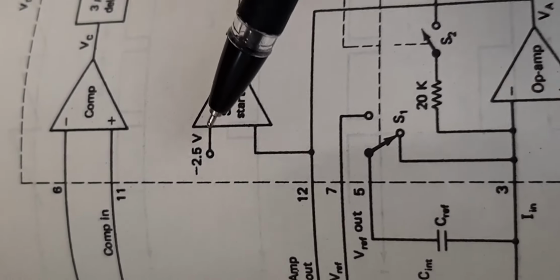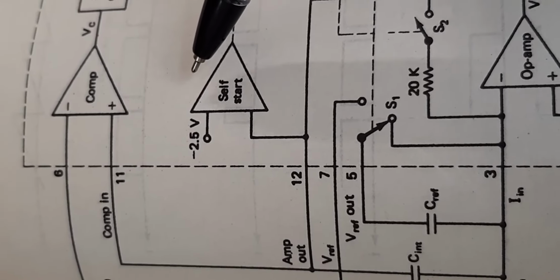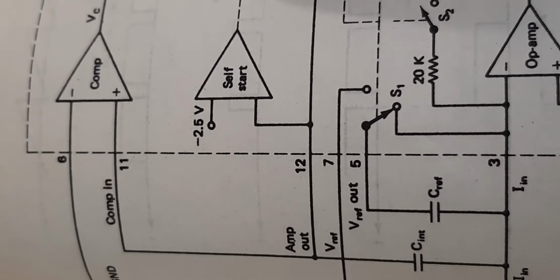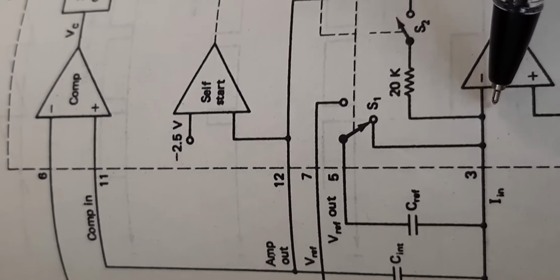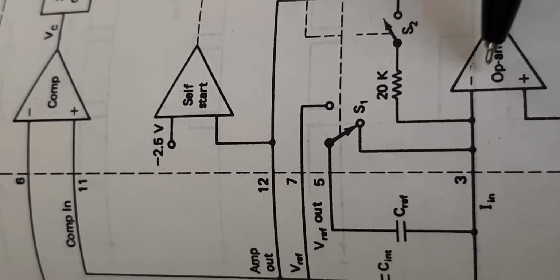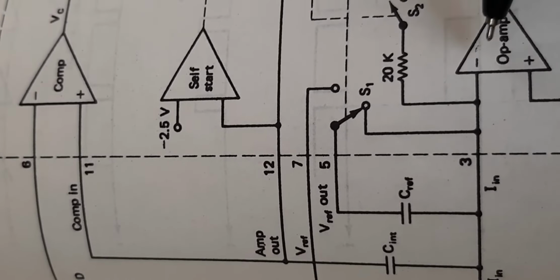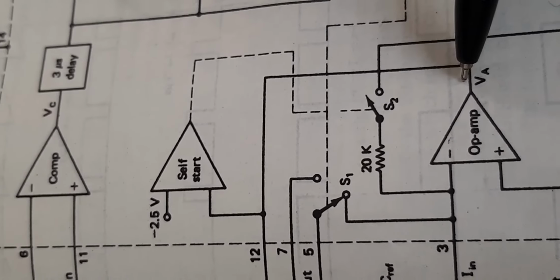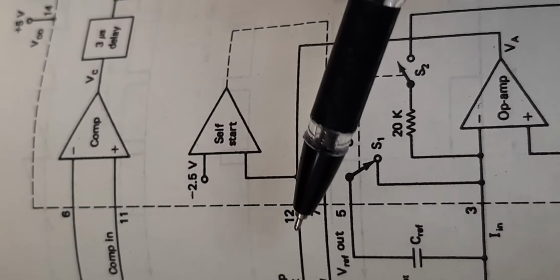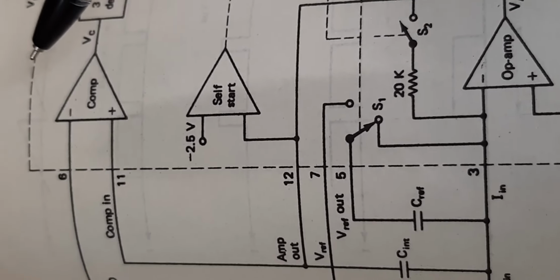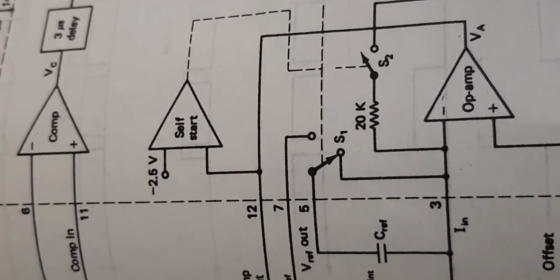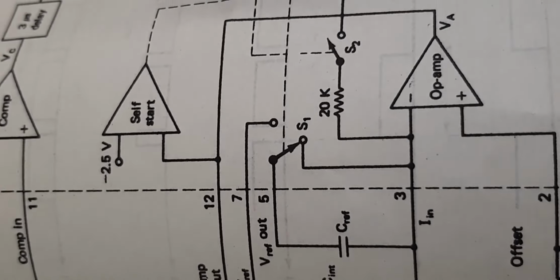As it goes below this 2.5 voltage, the negative voltage is suddenly applied to this negative terminal, and that makes this output positive, and the cycle repeats.